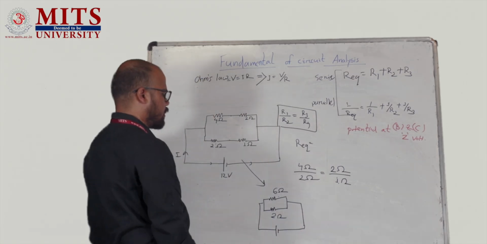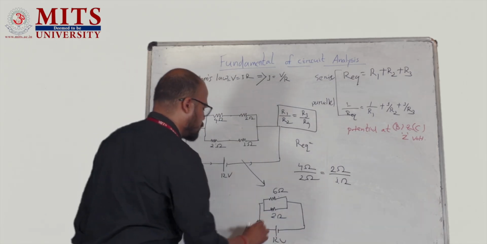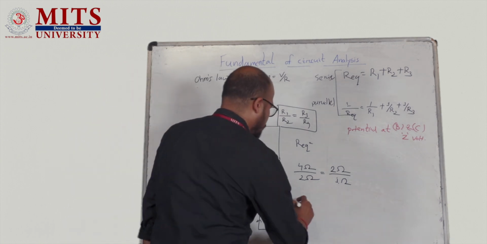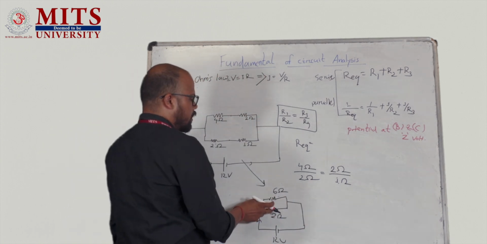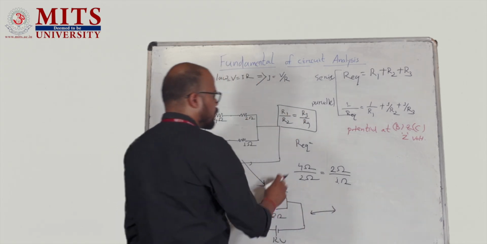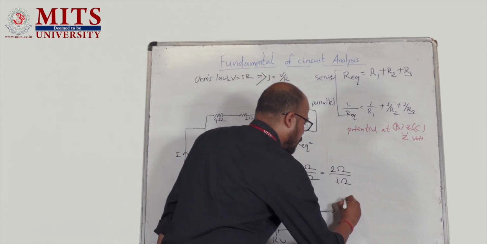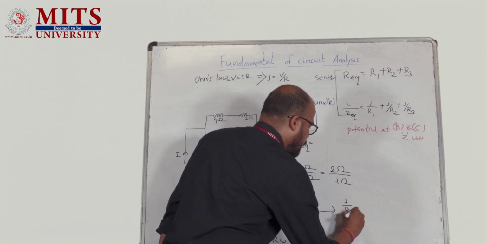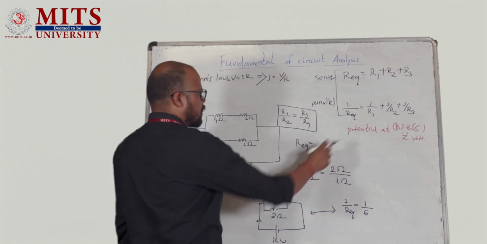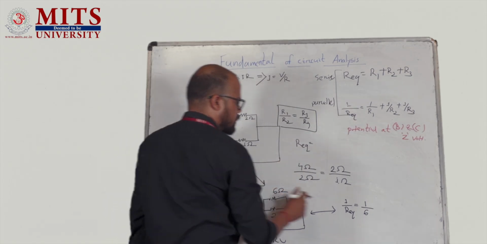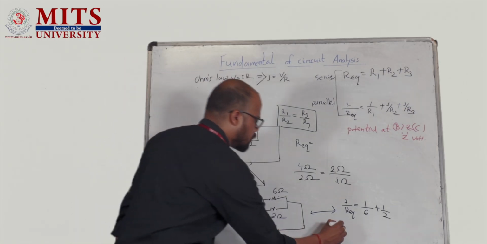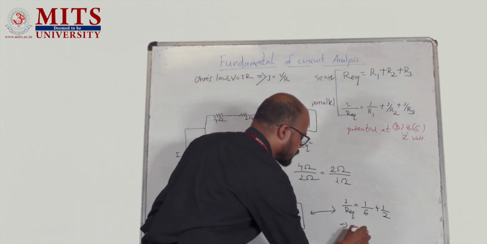So this is 12 volt and some current is flowing. This is the equivalent circuit. Again, these two are in parallel, so 1 by R equivalent is equal to 1 by 6 plus 1 by 2. So you can find the value of R equivalent in this case.